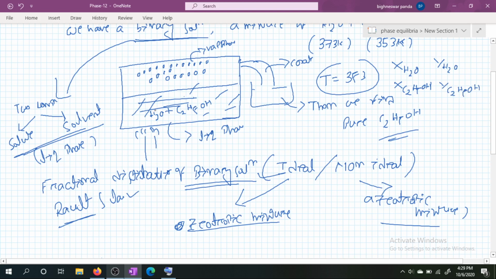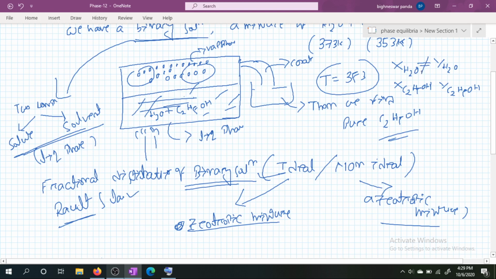Since upon heating water also boils and alcohol also boils, some amount of water is also present in the vapor, and some amount of alcohol is also present. So the total mole fraction will be 1, but let YH2O be the mole fraction of water in the vapor phase and YC2H5OH the mole fraction of alcohol in the vapor phase.